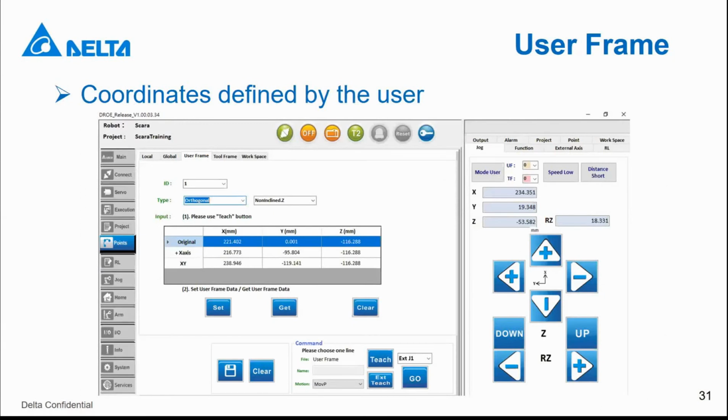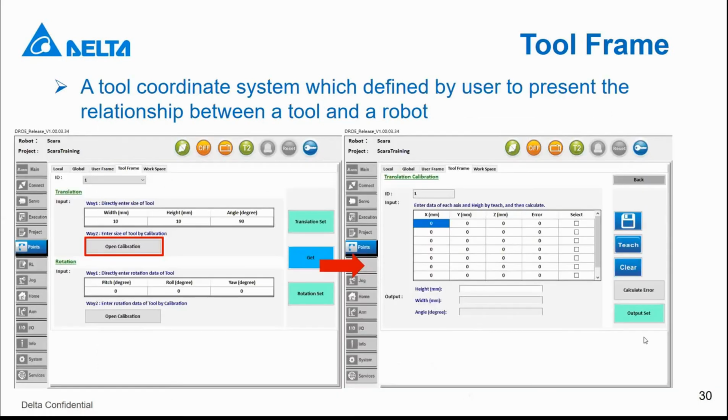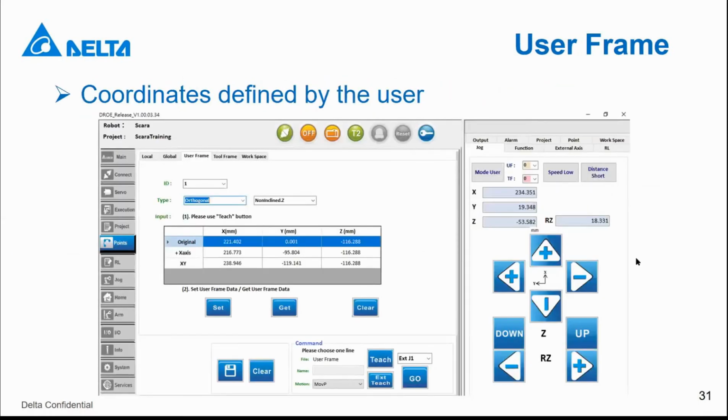And next is the user frame. Because for some applications, you need your own defined coordinates, not only the robot coordinate. So you can use this function to define a few different coordinates by yourself. For these two functions, I will introduce the details later.